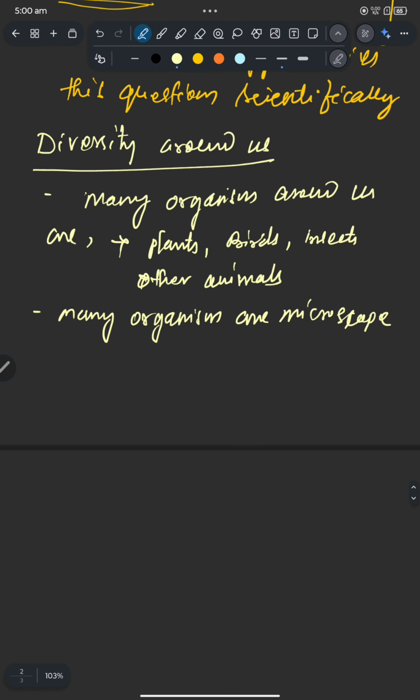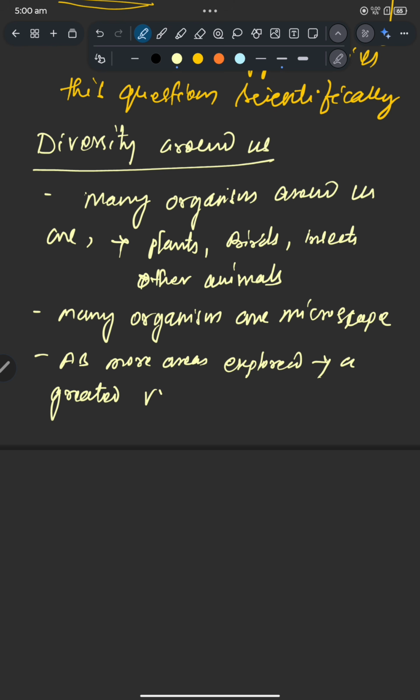And as we explore more areas, a greater variety of organisms are observed.